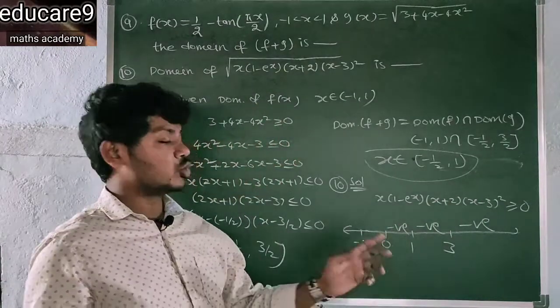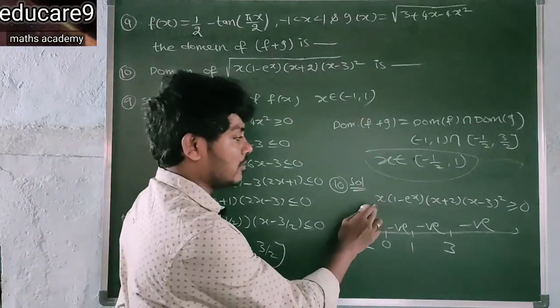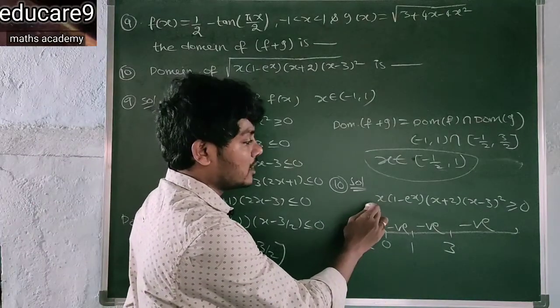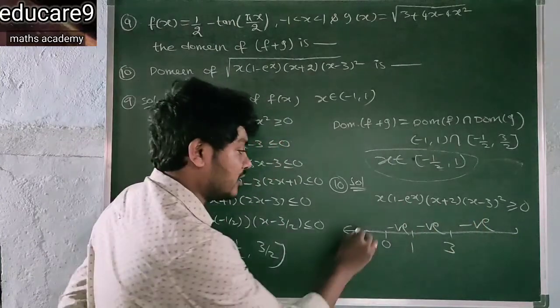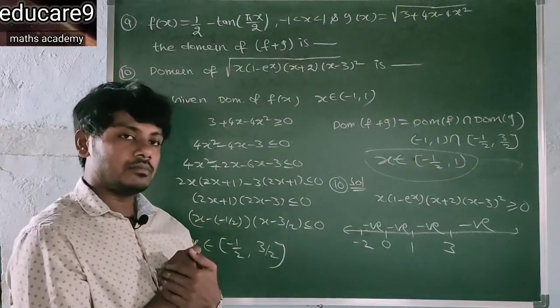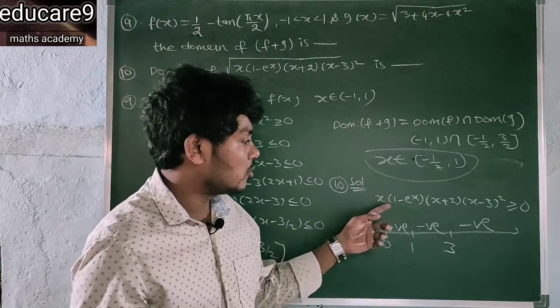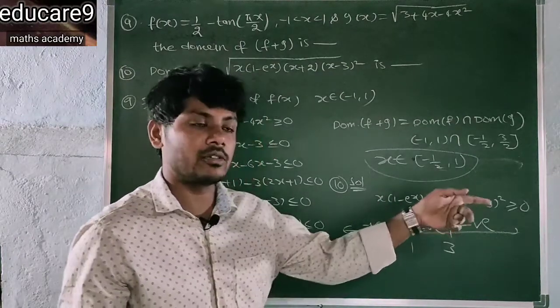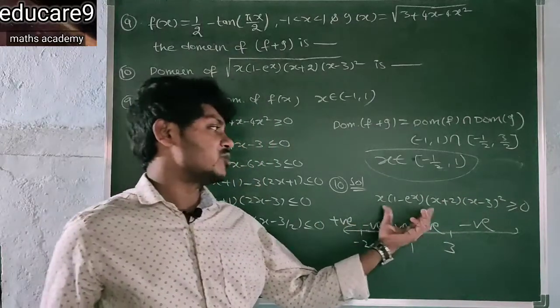Between minus 2 to 0, for example minus 1, minus 1 is negative, this is positive, this is positive, this is positive, again you get a negative sign. And below minus 2, for example minus 3, negative, positive, negative, outcome positive.